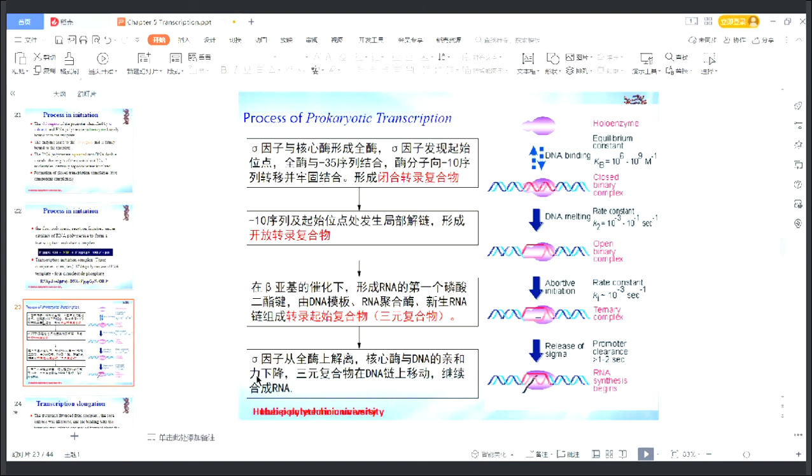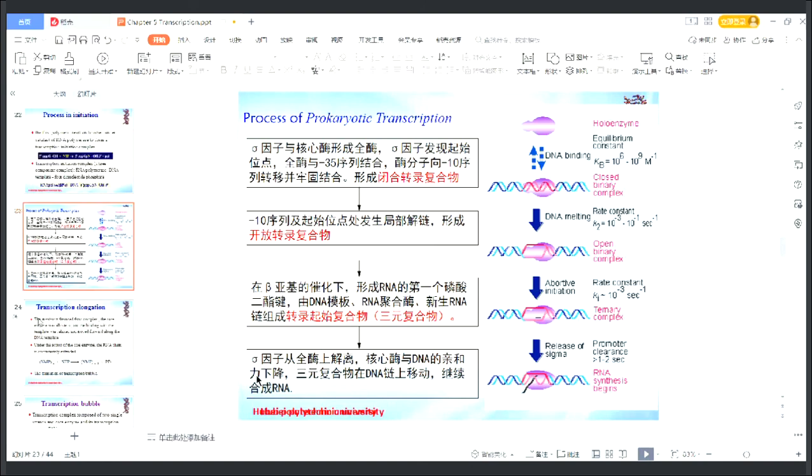Only the core enzyme is left to further synthesize the remaining sequence. The sigma factor divides from the holoenzyme. This is the initiation stage. One, two, three, four: four important things finished.